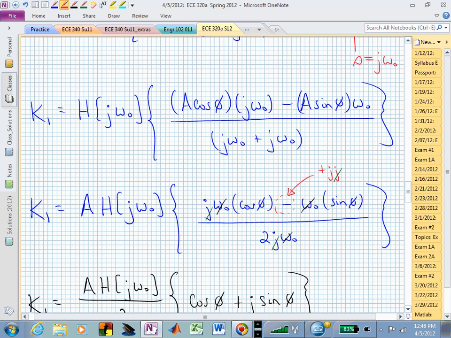I can cancel the omega naught, and now I'm left with just one j piece and a plus sign in the numerator. And I've gone ahead and factored the amplitude of the cosine waveform out of everything in the brackets. So my capital A, which was the amplitude of my x of t, is now at the far left of that expression.